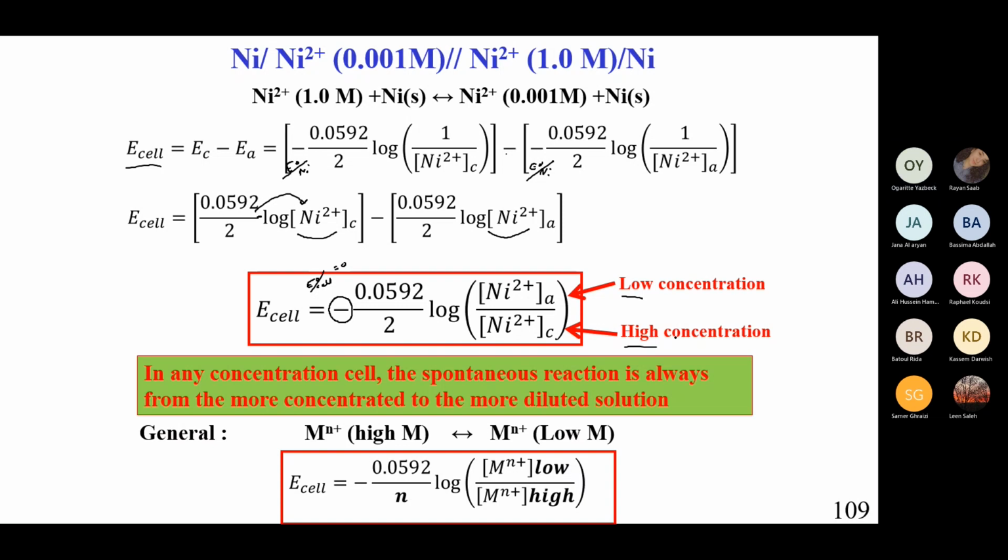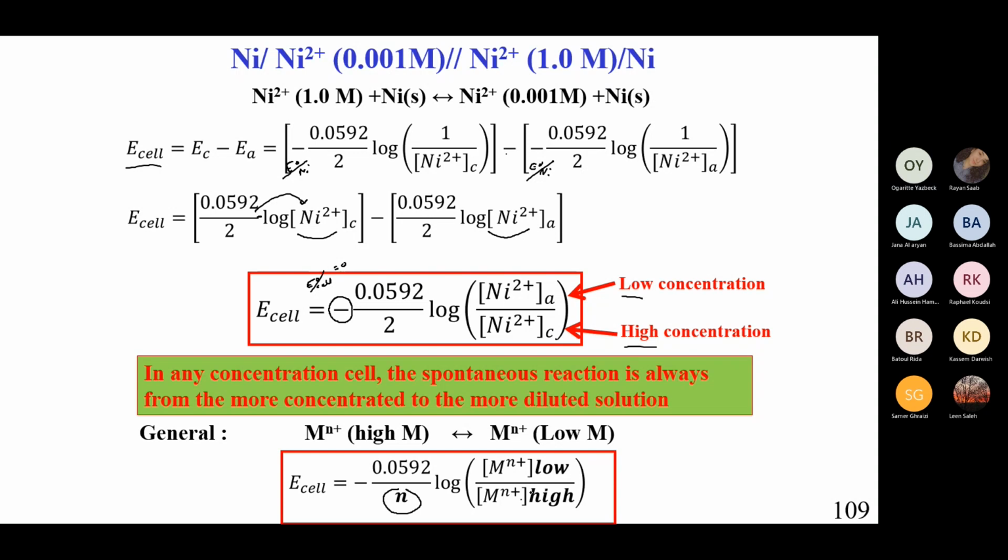And this equation can be solved right away instead of doing all these calculations. Automatically, if you have only one metal ion in your equation, the E of the cell will be 0.0592 divided by the number of electrons transferred, log the lower concentration divided by the higher concentration.